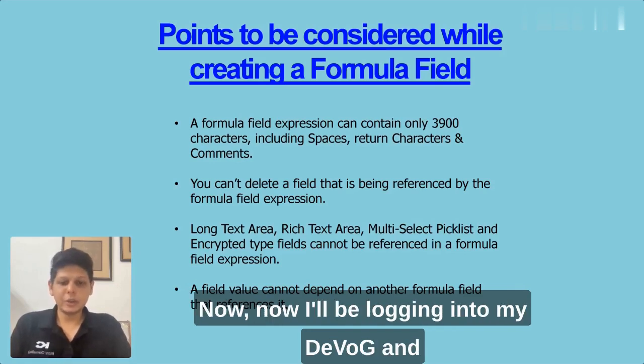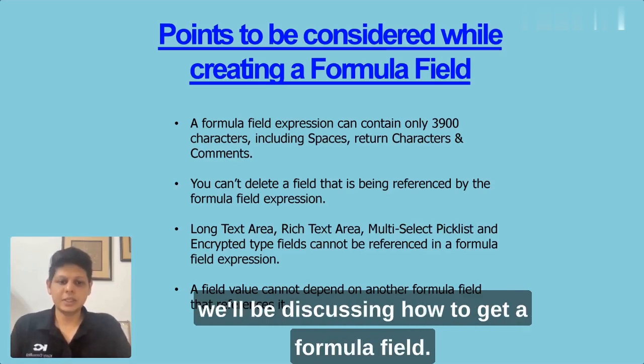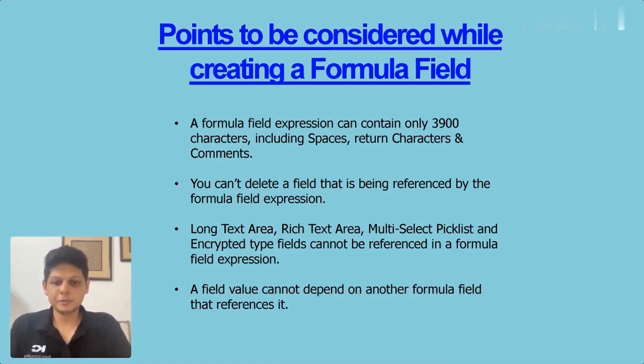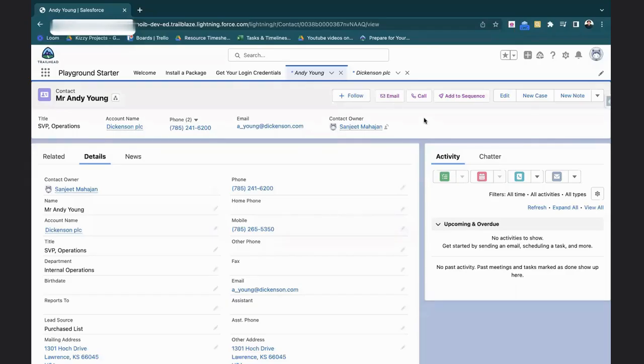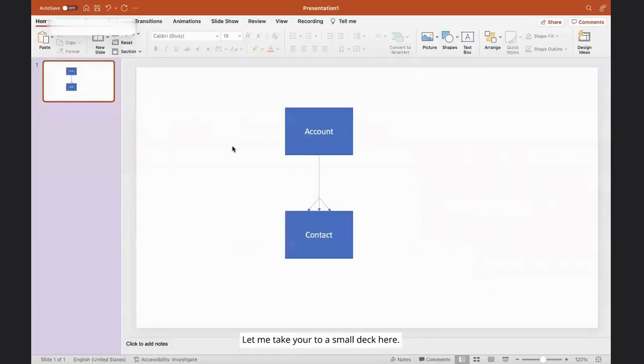Now I'll be logging into my DevOrg, and we'll be discussing how to create a formula field. So I've logged into my dev account, and we'll start with an example of account and contact here. Talking about cross-object formula fields, let me take you to a small deck here. So we have an account, and it has multiple contacts.